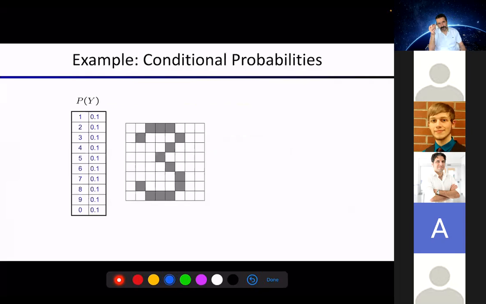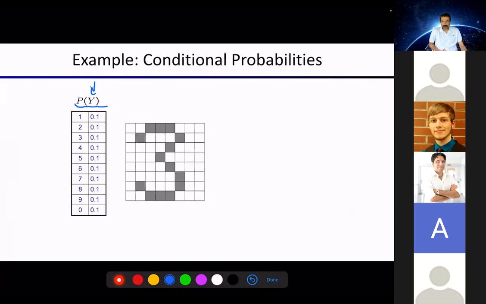What is this prior? Typically, P of Y is what you call the prior, and the reason you call it prior is that this is the probability distribution over your label data, and this is coming from your data really.